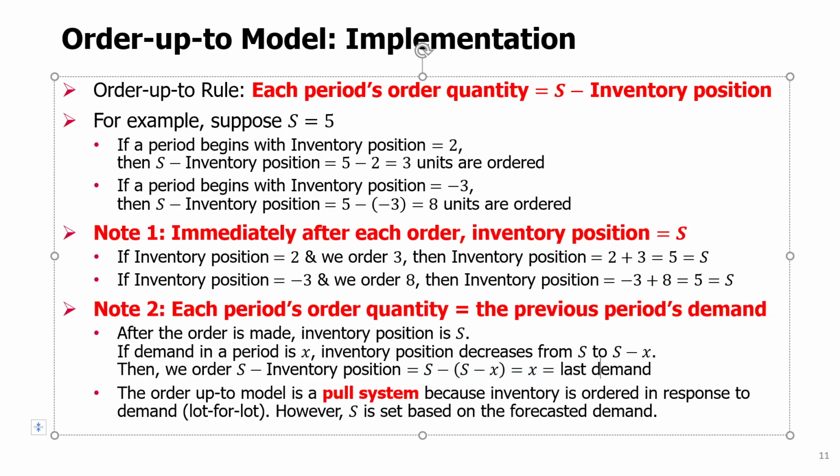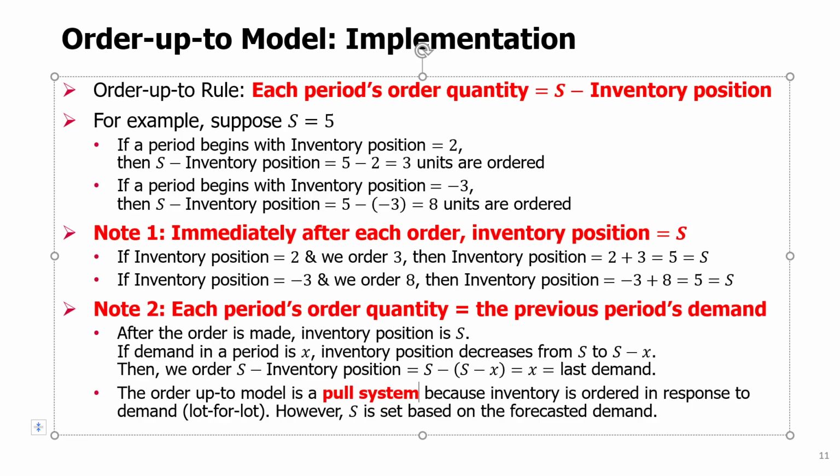From this analysis, what we can see is that the order up to model is a kind of pull system. If you recall, a pull system is a system where units are procured in response to demand. In this case, when we sell X units, or we have demand for X units, we order X units.